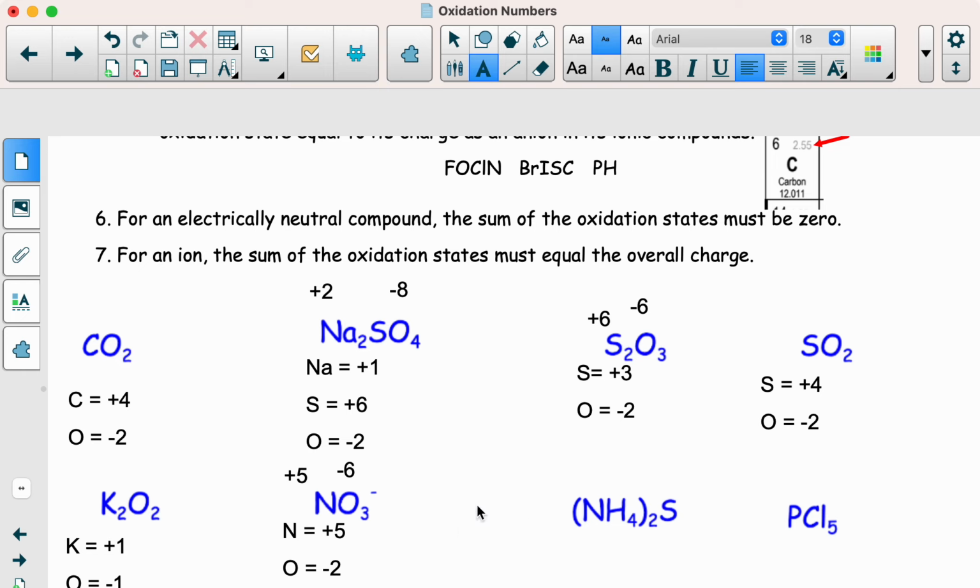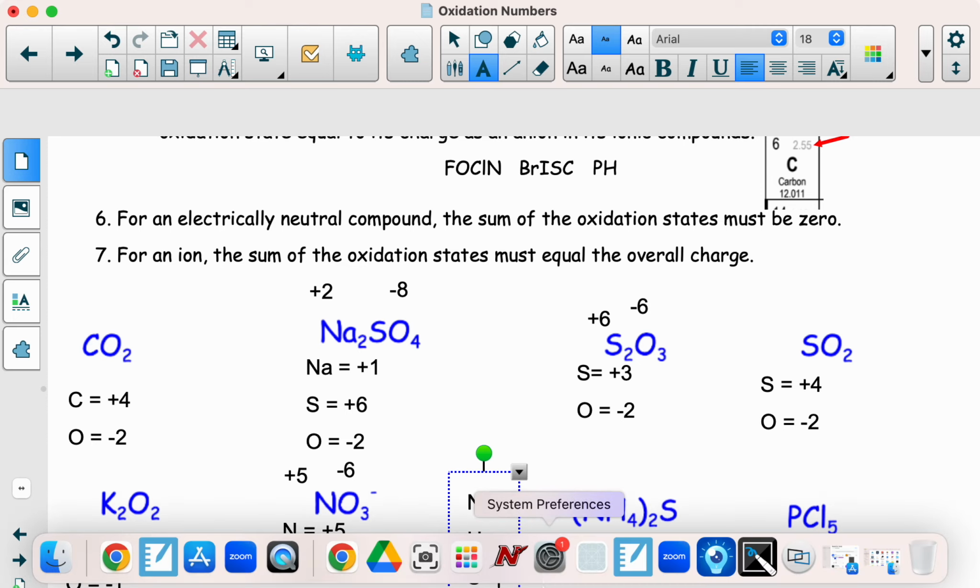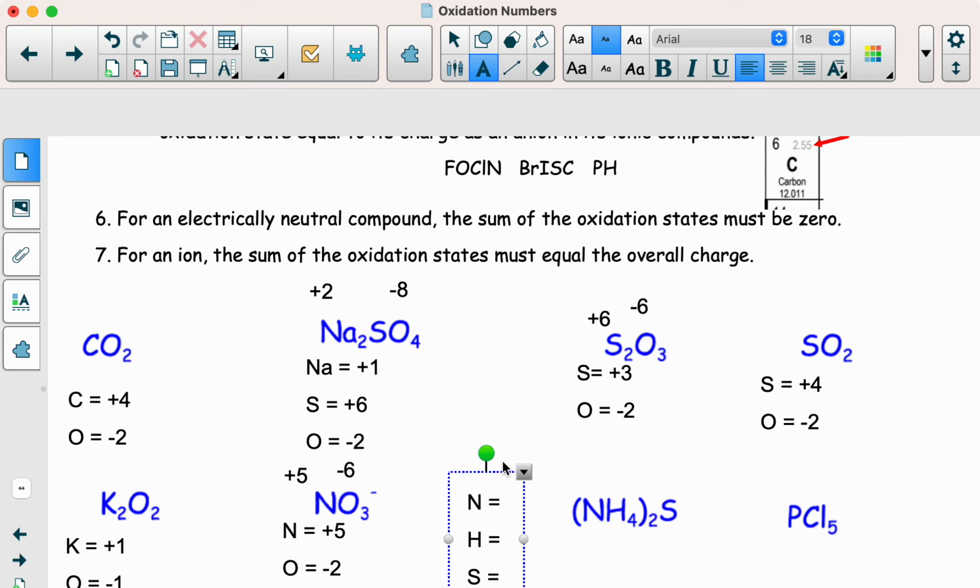Here we have some ammonium sulfide. It has nitrogen, hydrogen, and sulfur. And so we have to start by noticing that this is an ionic compound. In an ionic compound, sulfur is acting as the sulfide ion, so it has its charge of -2.